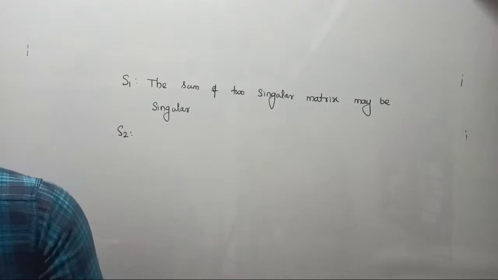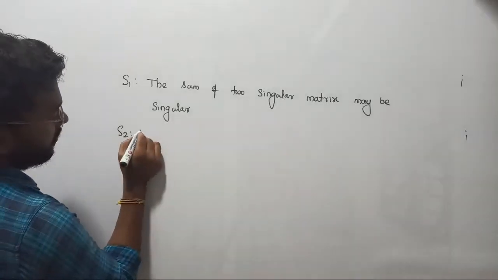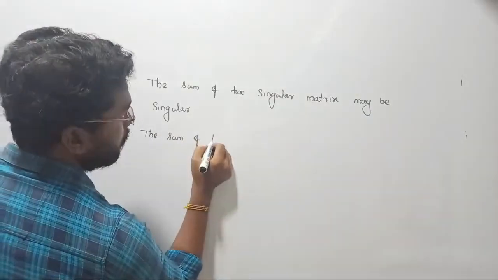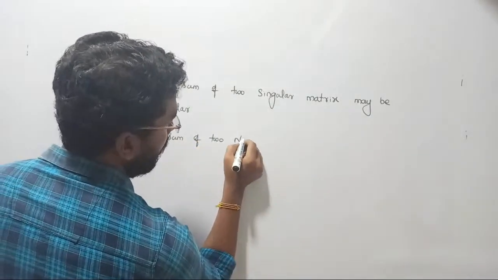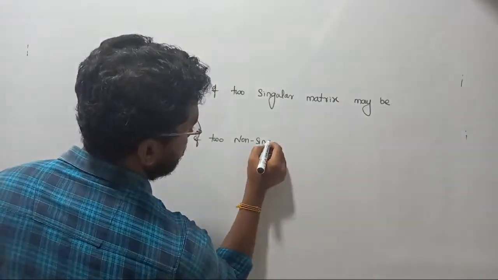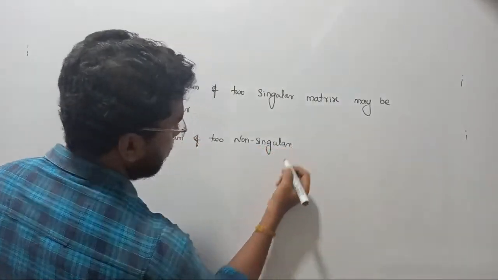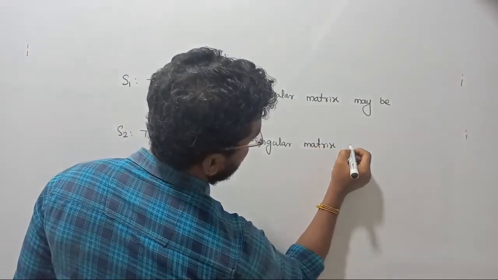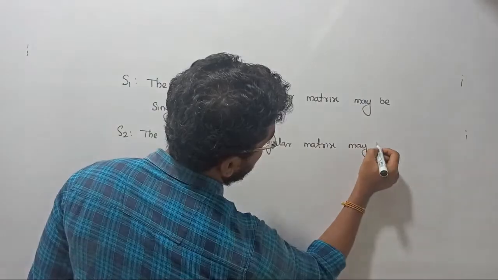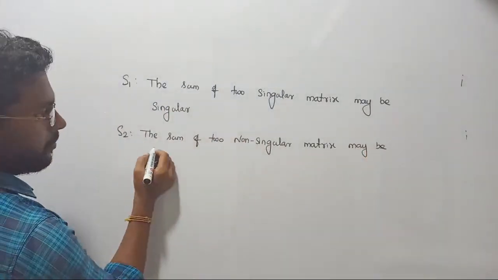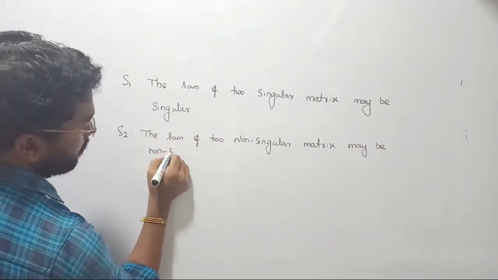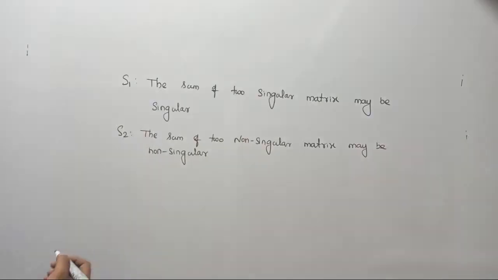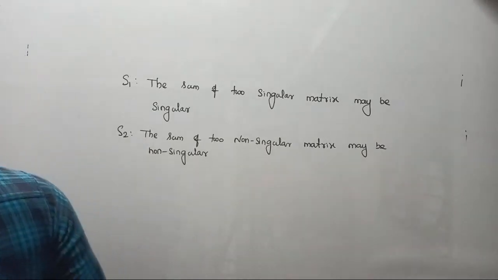Second statement: the sum of two non-singular matrices may be non-singular. Those are the two given statements.